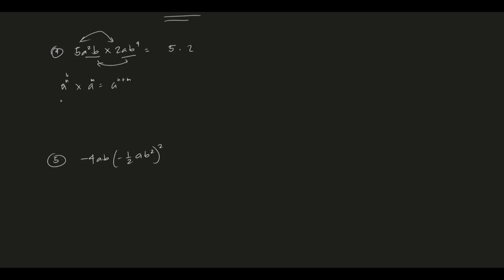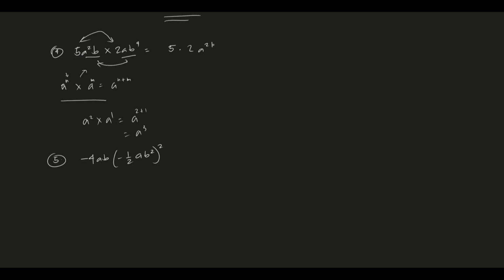So if we follow this formula and apply it to our example, we have a raised to the 2 times a raised to the 1, it will become a raised to the 2 plus 1. So it will become a raised to the 3.